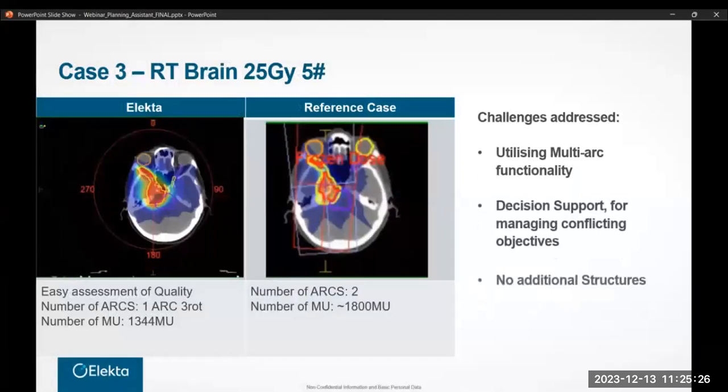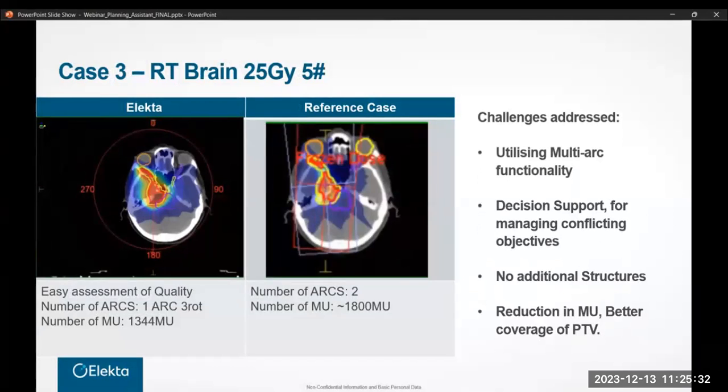If I just take a really good example of how this all works together quite well, effectively this right brain lesion, if you can imagine, there's lots of organs at risk which are overlapping. Now, if you were to plan this in another system, you would do quite a lot of in and out structures. You would do a huge amount of cropping. And also, how do you know that you're being able to prioritize the right organs at risk while maintaining your target coverage?